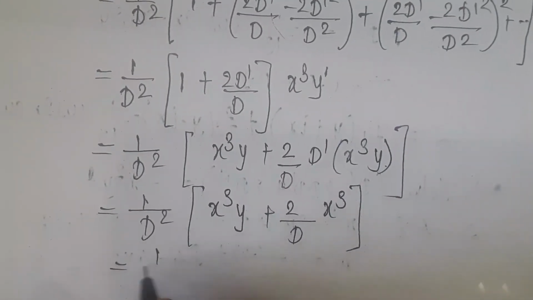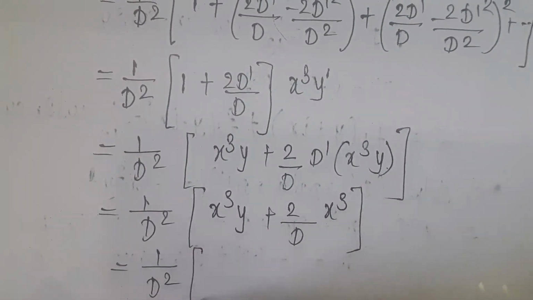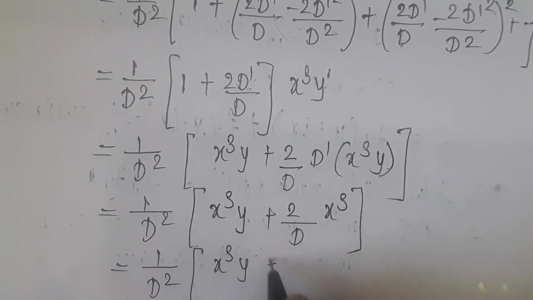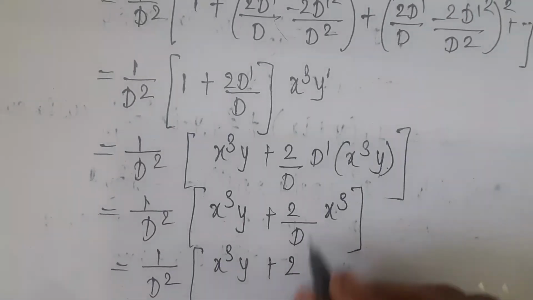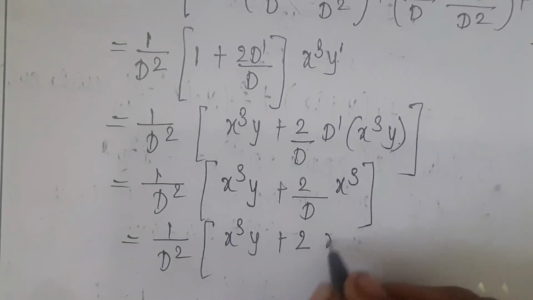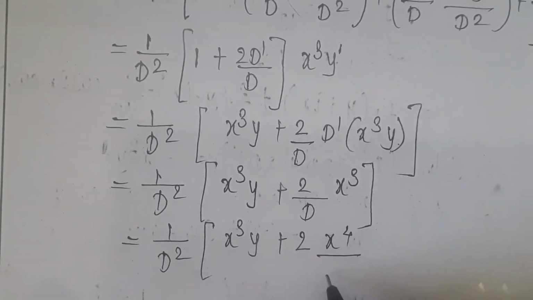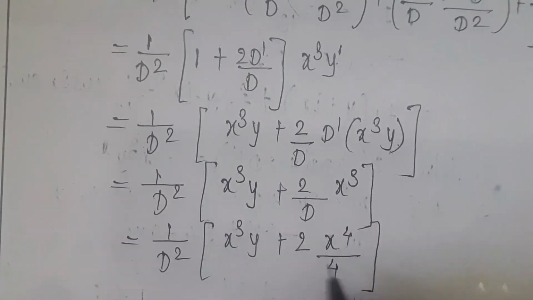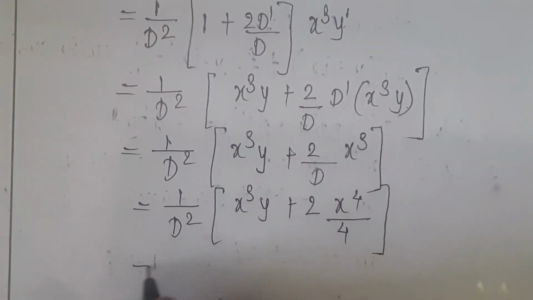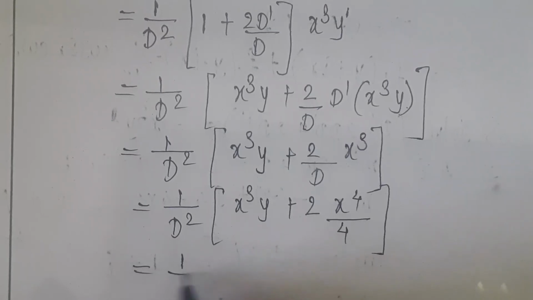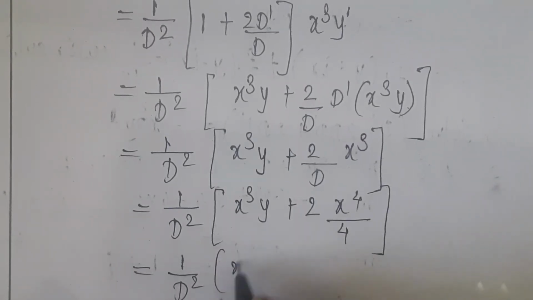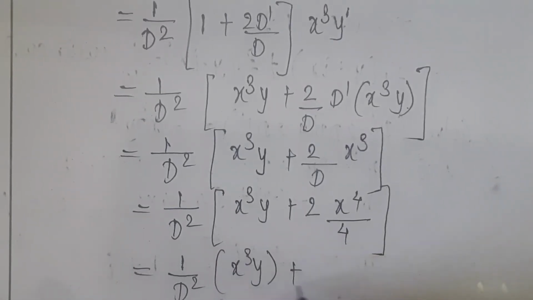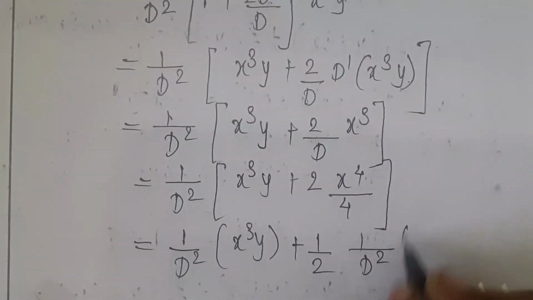Now we simplify. 1 by D square times x cube into y plus 2 times 1 by D is the integration of x cube, and the integration of x cube is x to the power 4 by 4. So this is equal to 1 upon D square of x cube into y plus 1 by 2 times 1 upon D square of x to the power 4.